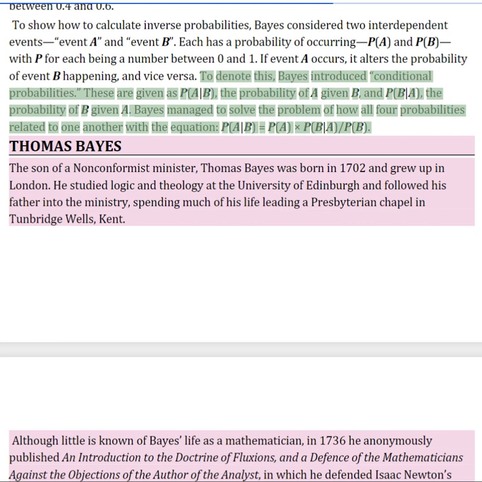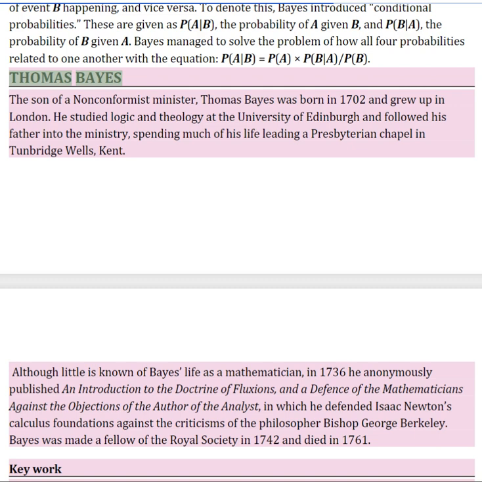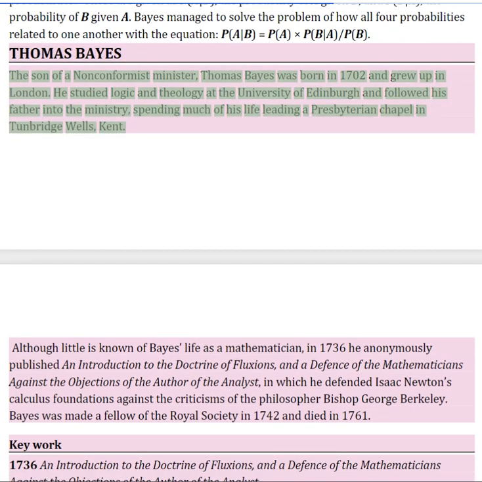These are given as P(A|B), the probability of A given B, and P(B|A), the probability of B given A. Bayes managed to solve the problem of how all four probabilities related to one another with the equation P(A|B) = P(B|A)P(A)/P(B).